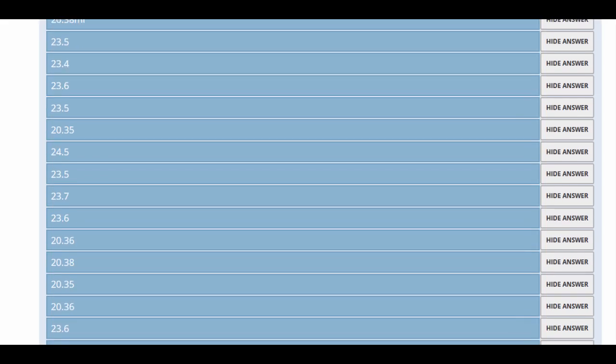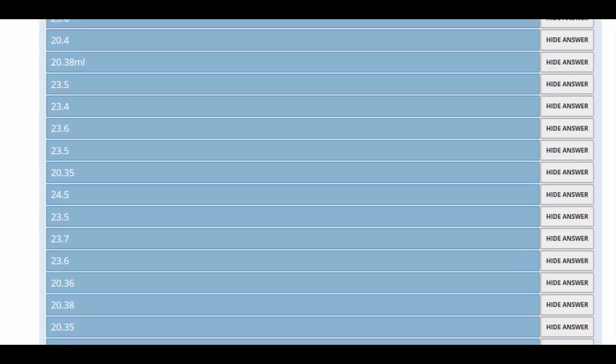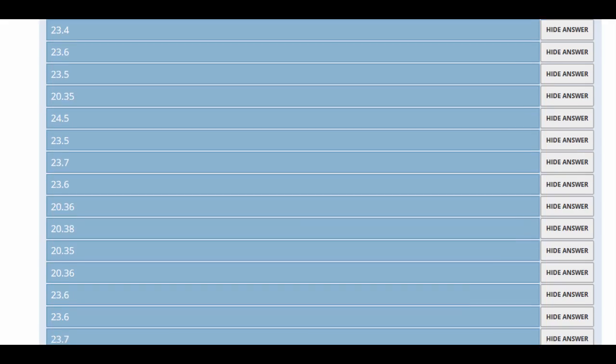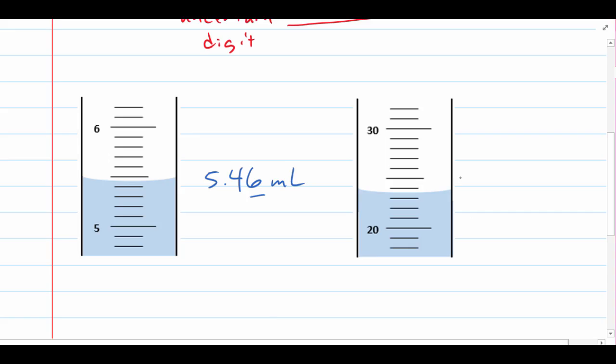So whoever put the 20.35, and there's several of you that did that, why can't it be any of these? The 20.36, the 20.38? Let's give somebody else a chance here, please. It's between 20 and 30, not 20 and 21. Right. If we look in here, this is 20 and 30. So this mark right here is 23.